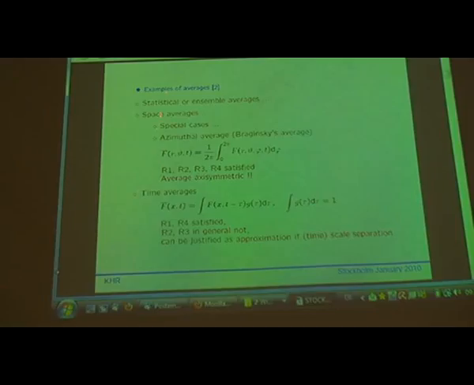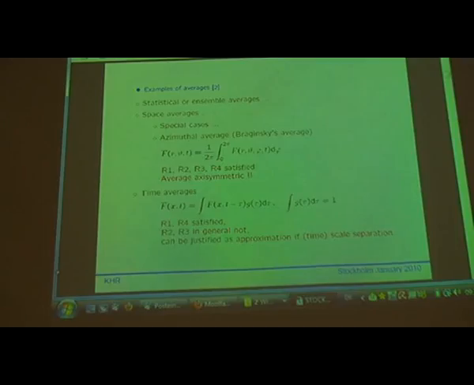Okay, I spoke about statistical and space averages. You can define time averages in the same way. It is completely analogous to the space average. And again, these rules R1 and R4 are exactly satisfied.